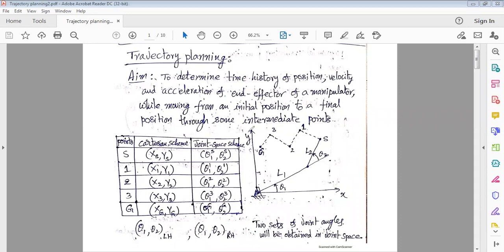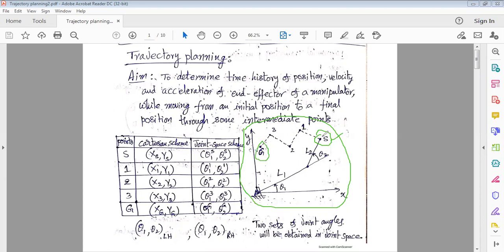So this is a 2 degree of freedom manipulator. Let us consider the end point of this manipulator, that is known as the end effector. The point S is the starting point of the end effector, and the point G is the destination point.